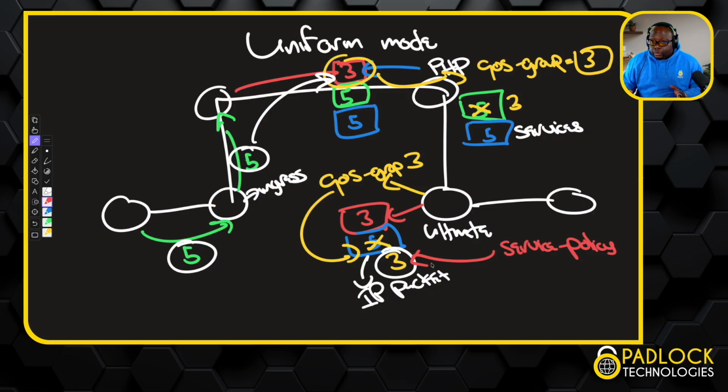So that's uniform mode. You're basically changing the marking somewhere if that should happen in your service provider network, and then you're basing your outbound policy on that marking, the full service provider marking. Now, I will show you implicit and explicit in the lab, and then we'll go over that.